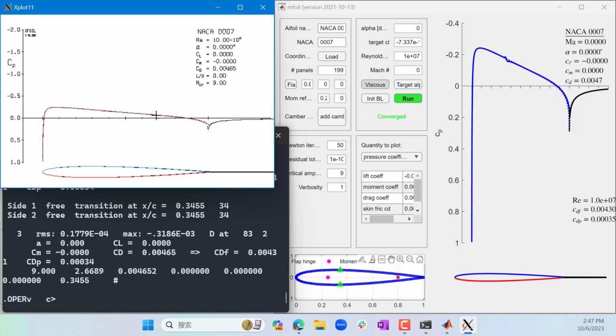Remember today we discussed the ratio: the thickness of the boundary layer over the chord length is proportional to the square root of 1 over the Reynolds number. So if I increase the Reynolds number by a factor of 100, I expect the boundary layer to be 10 times thinner.